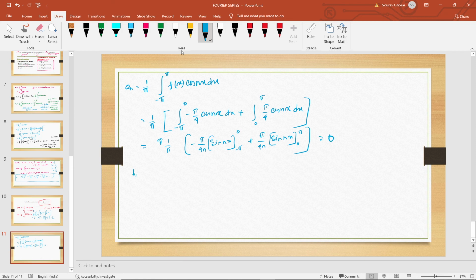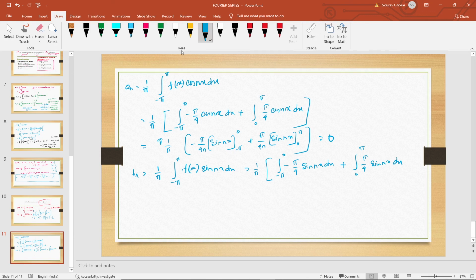Now we have to find the value of bn, that is 1 by pi, integral from minus pi to pi of f of x sin nx dx. So 1 by pi times the integral from minus pi to 0 of minus pi by 4 sin nx dx plus the integral from 0 to pi of pi by 4 sin nx dx.